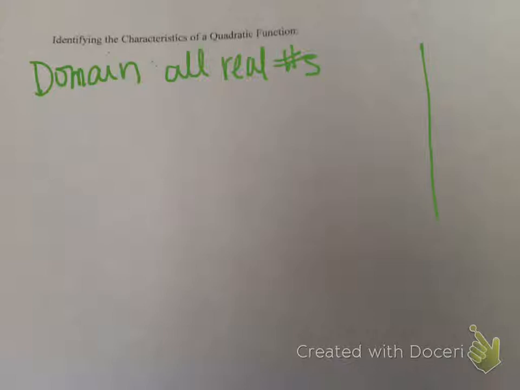So if I have a quadratic and the vertex is here, my domain is going to be all real numbers because domain again is your x values.